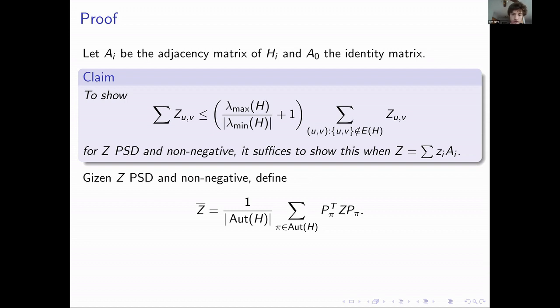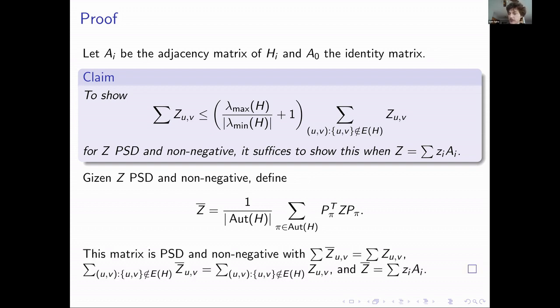And one can check that this Z bar matrix has basically all the properties we want. It's PSD because it's a positive sum of PSD matrices. It's also similarly non-negative. The sum of all its entries is the sum of all the entries of the original matrix. Similarly, the sum of all the entries over the non-edges of H is the same as the sum of all the entries over the non-edges of H in the original matrix.